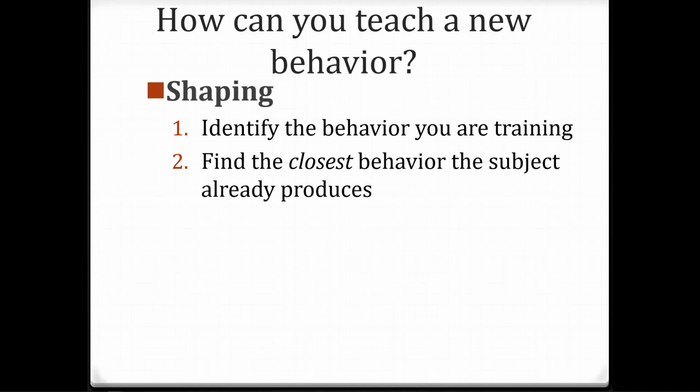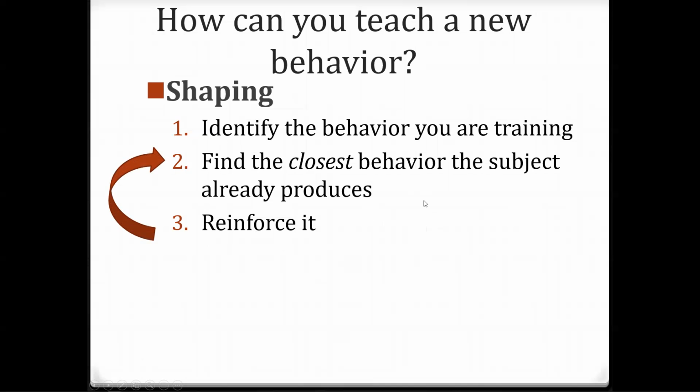And then start reinforcing that. Once you reinforce that, you'll get that behavior going further. You essentially start repeating. Shaping by definition is the reinforcement of successive approximations, meaning that every time you reinforce a behavior that you're looking for, you build that behavior, then you wait and start reinforcing the next closest behavior to what it is that you want.